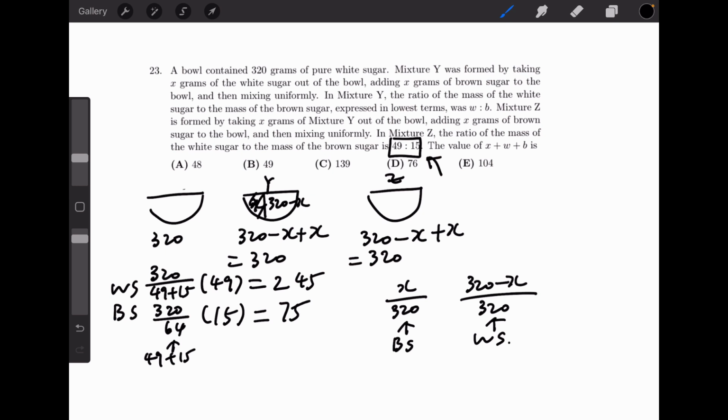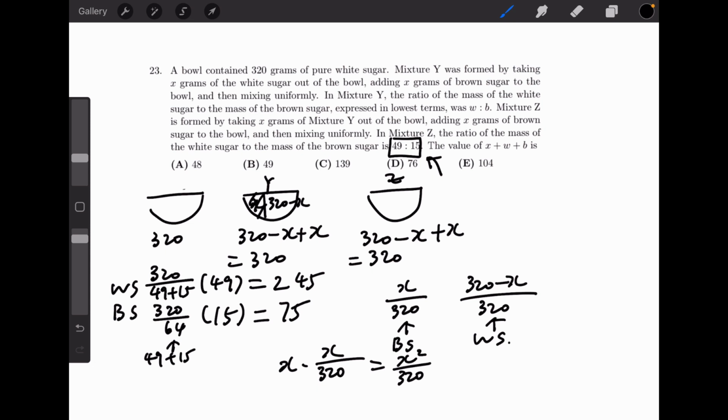Which means when we are taking out X gram of sugar from the Y mixture, we're taking out X times X over 320 grams of brown sugar from the mixture.